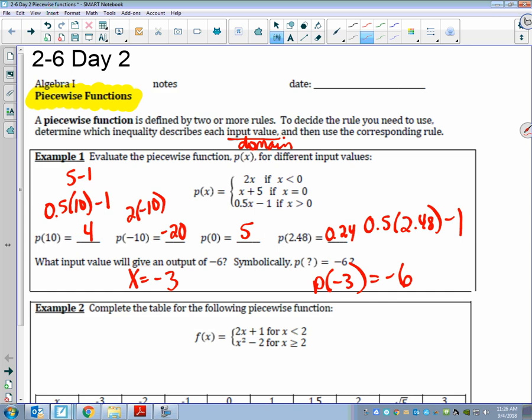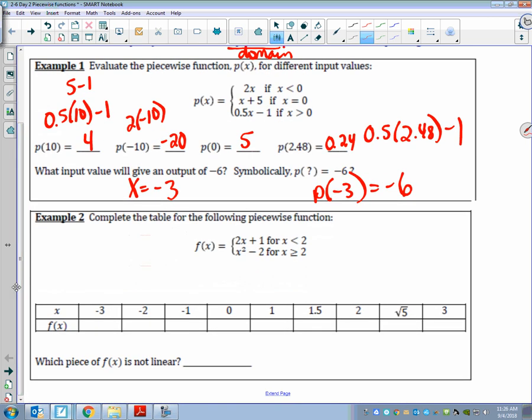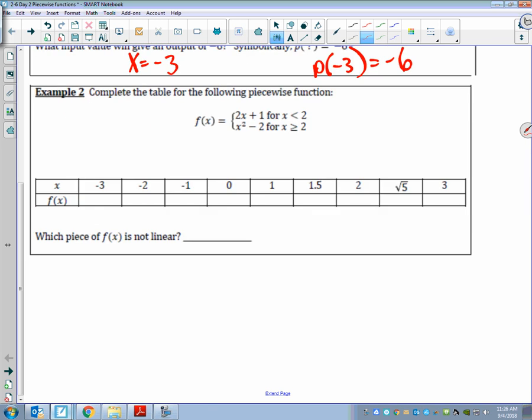Okay, so let's look at another one. What if we don't just look at the equation values, but we think about making an xy chart for this? It says complete the table for the following piecewise function. This one says f of x equals, and we have two pieces. We have 2x plus 1 when x is less than 2, and we have x squared minus 2 when x is greater than or equal to 2. So again, that tells us what to break up.